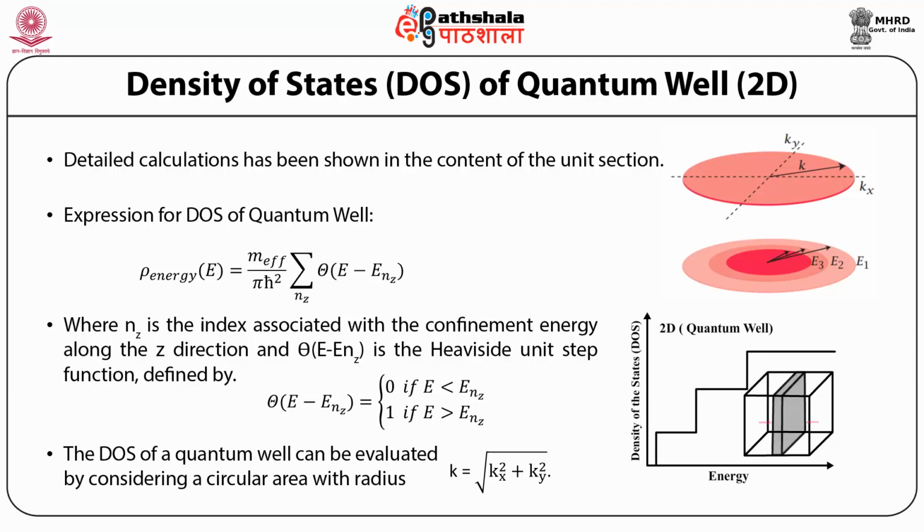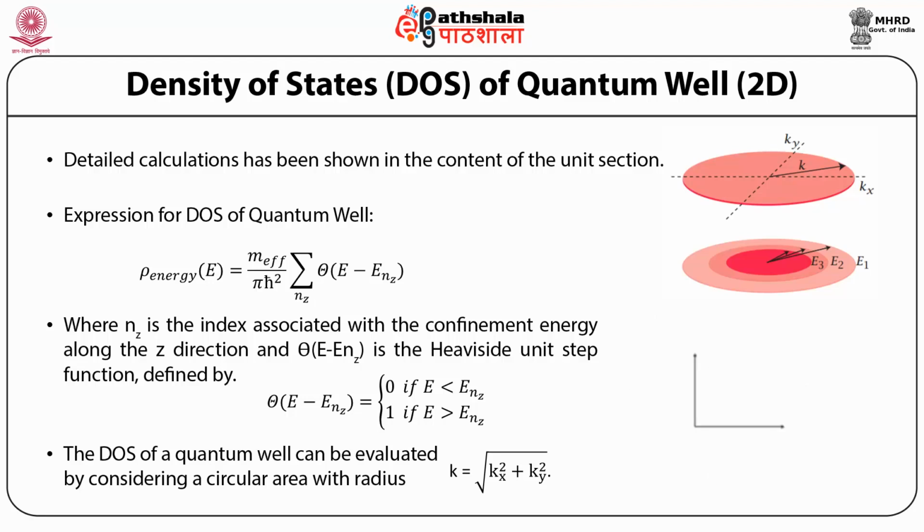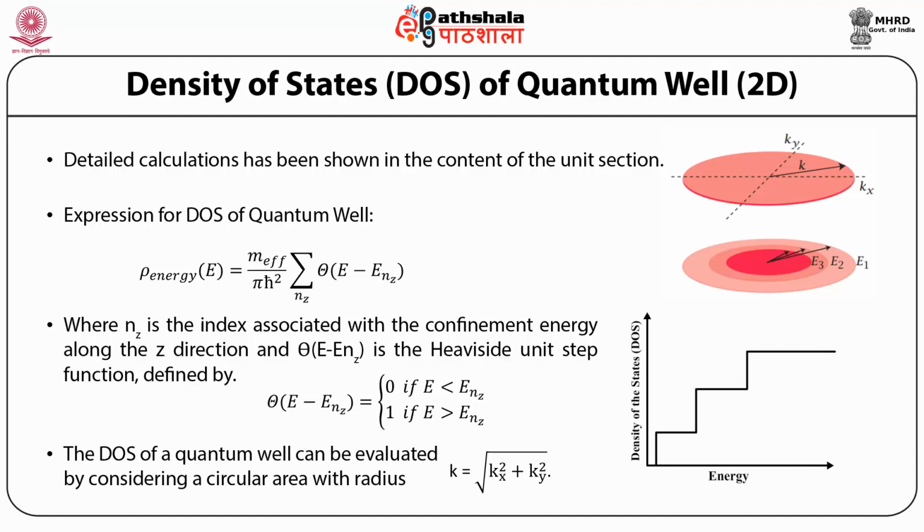After following a few mathematical calculations, one can get the expression for density of state, which is written as rho(E) equal to m effective by pi h cut square, summation over nz, theta(E minus E nz), where nz is the index associated with the confinement energy along the z-axis and theta(E minus E nz) is the Heaviside unit step function, defined by theta(E minus E nz) is 0 if E is less than E nz and is 1 if E is greater than E nz.